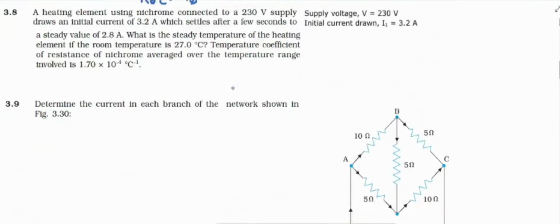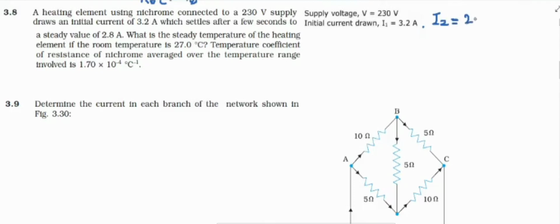So that you can find the value of alpha. Then question 8. A heating element using nichrome is connected to 230 volt. Voltage is given. Then initial current I1 is equal to 3.2 ampere, which settles after a few seconds to a steady value of 2.8 ampere, which you can take as IT. You know, when current passes through the conductor, heat will be produced and temperature increases.